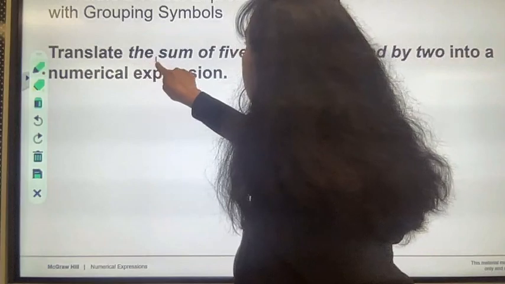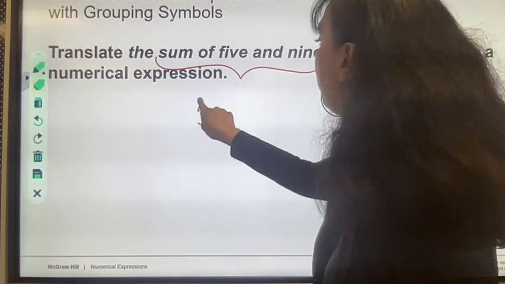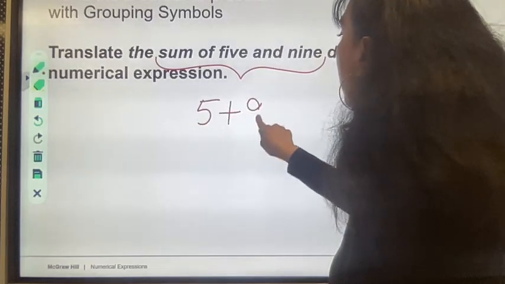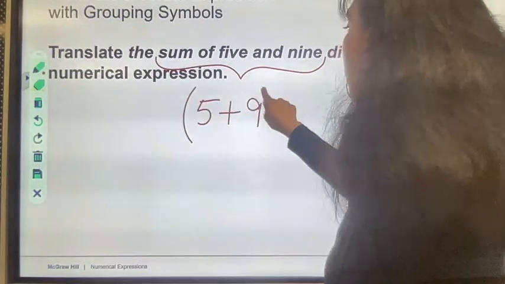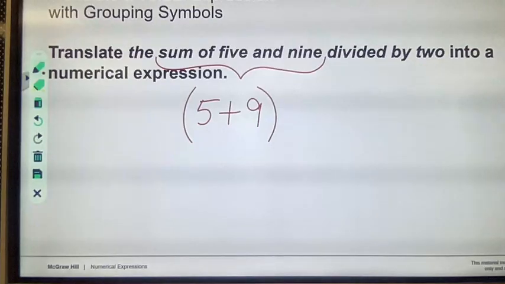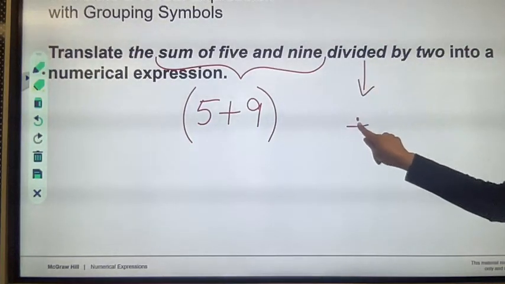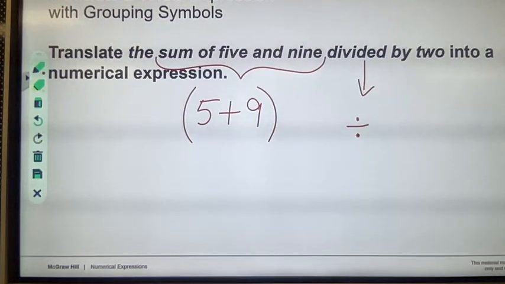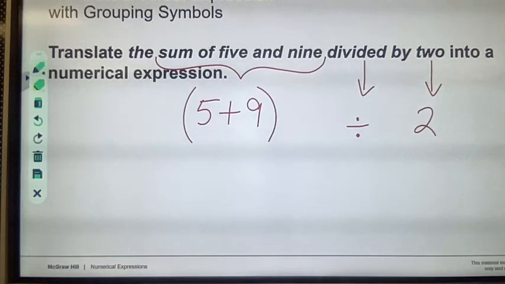So the sum of 5 and 9, okay, this over here is grouped together. And if this is divided by 2. Divided by 2.